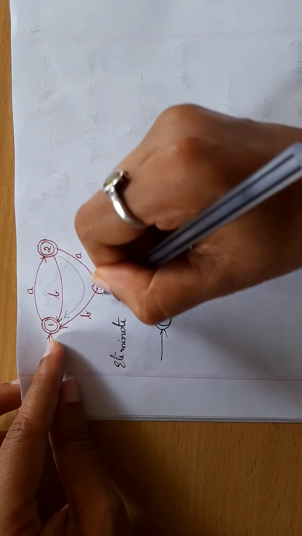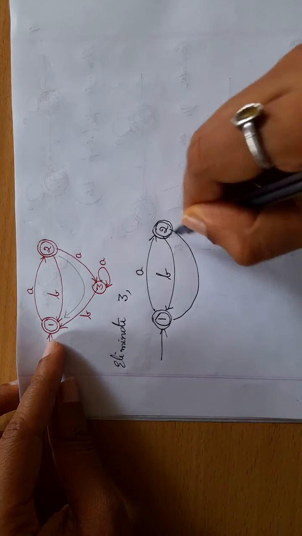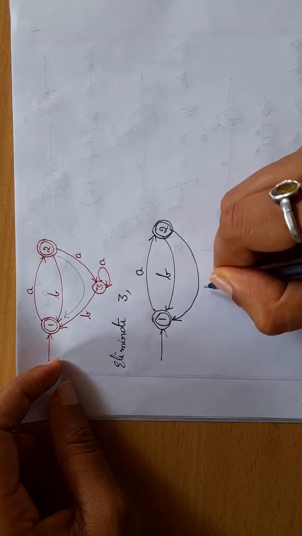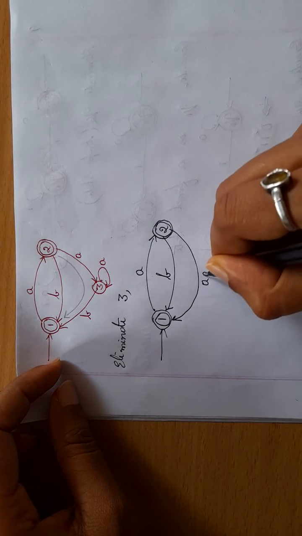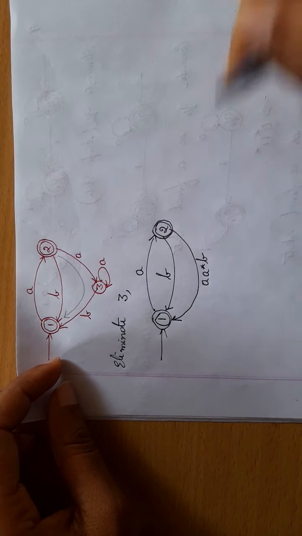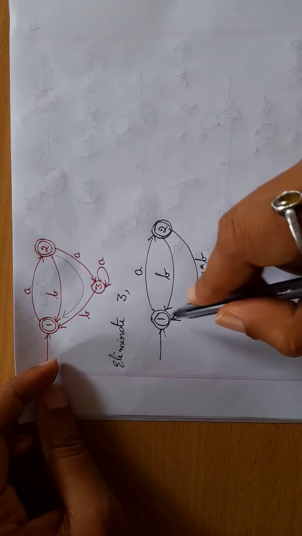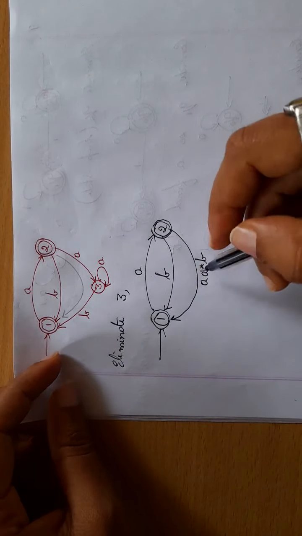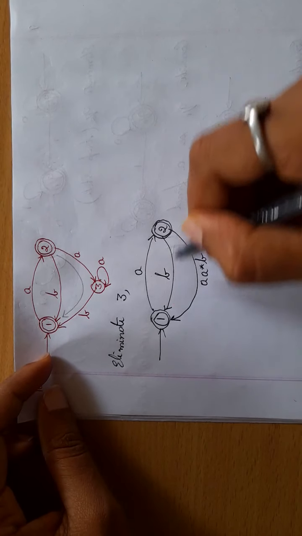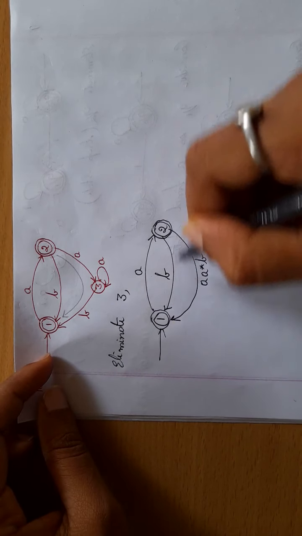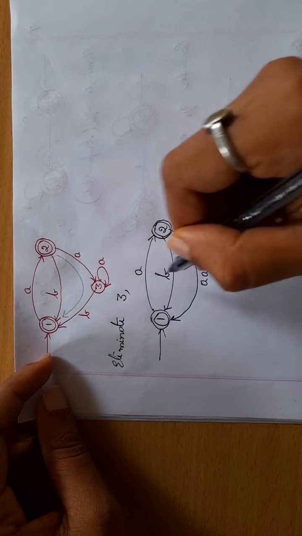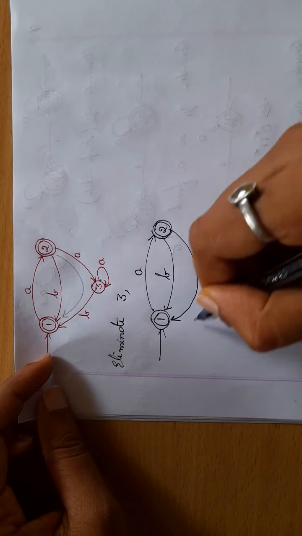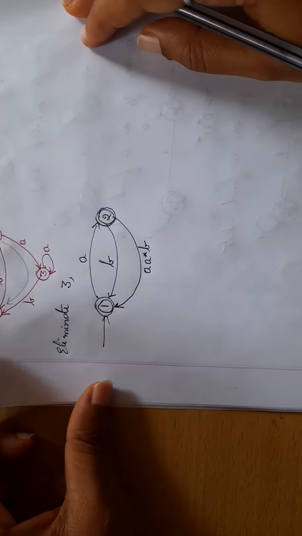I have one more path from 2 to 1, and it is A star B. So I have a transition from 1 to 2 and two different transitions from 2 to 1. So I will combine these two: either it will be B or it will be A star B.